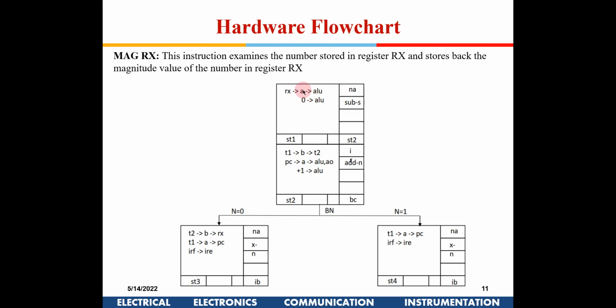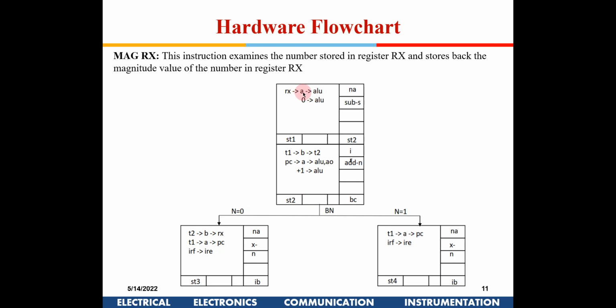We do 0 minus A. Because I am writing subtraction and giving S, the sign flag needs to be activated. If the sign flag is activated, the condition is different for a negative number and for a positive number.